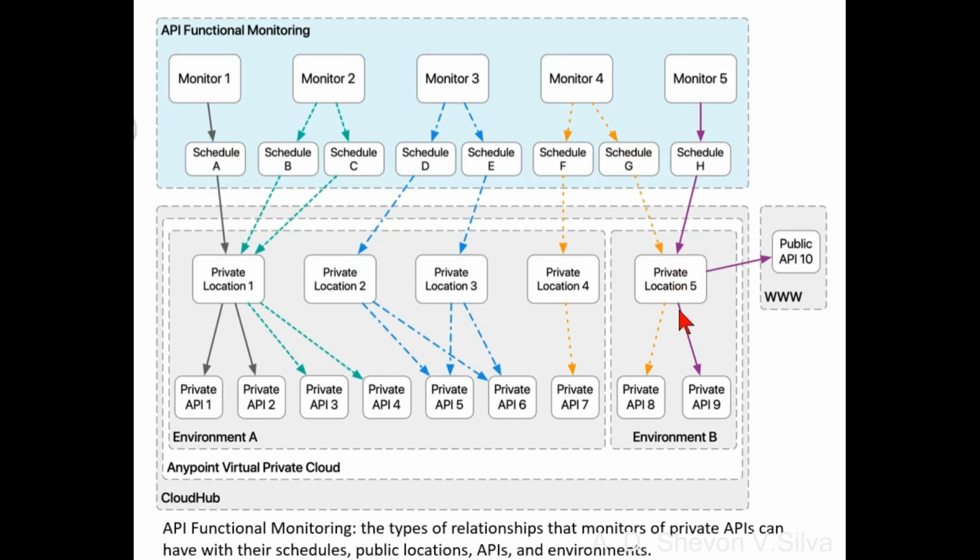Monitor 5 is written to test one or more endpoints in private API 9 and public API 10. Private location 5 and private API 9 are in environment B, and public API 10 is on the web.